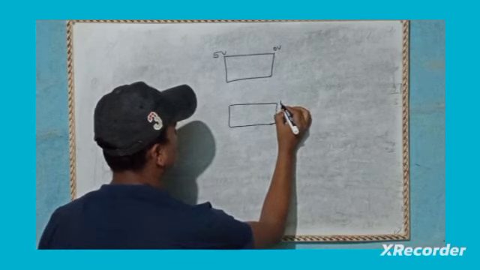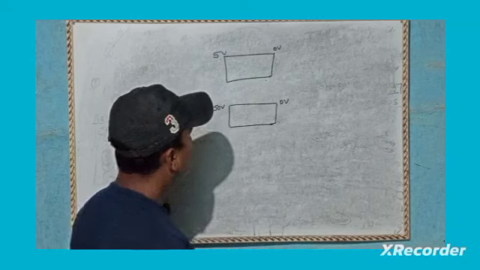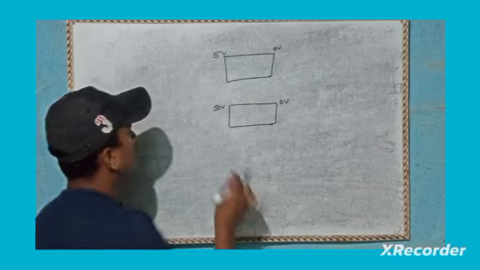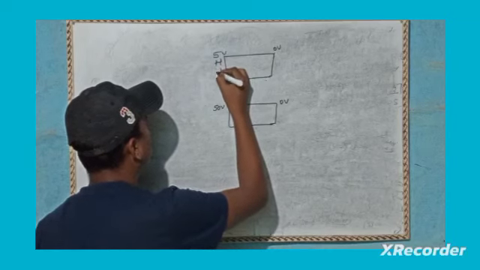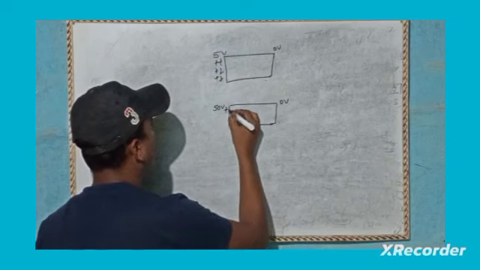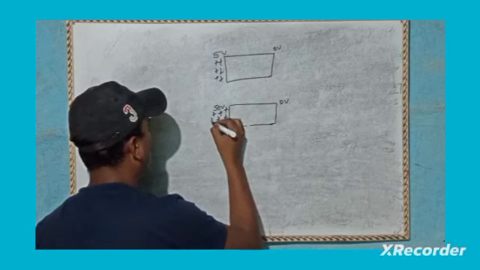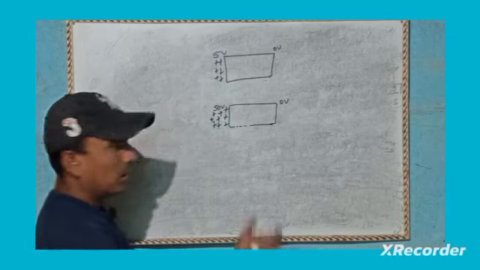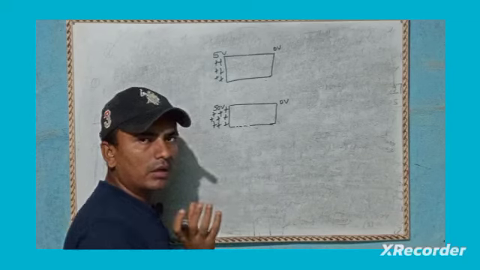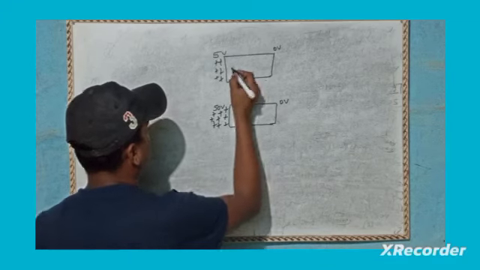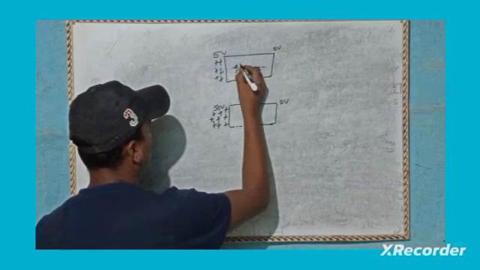The same case here, 0 volt and here 5 volt. This is positive charge. Yes or no? And inside the conductor, you know what? Electrons. Suppose there are 3 electrons.